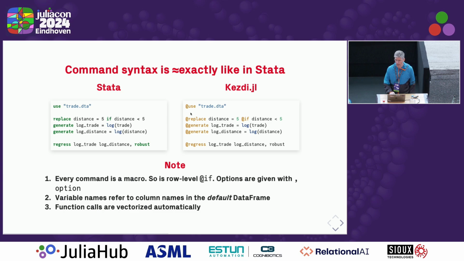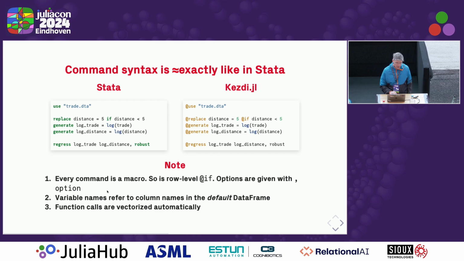We understand it's very hacky, and we hope we don't get banned from JuliaCon in the future. But it's actually the power of Julia that makes it happen, because macros are parsed from left to right. So by the time the compiler gets to if, we have already eaten that up and consumed the symbol, so it's no longer there. But that's going to be expected by our Stata users.